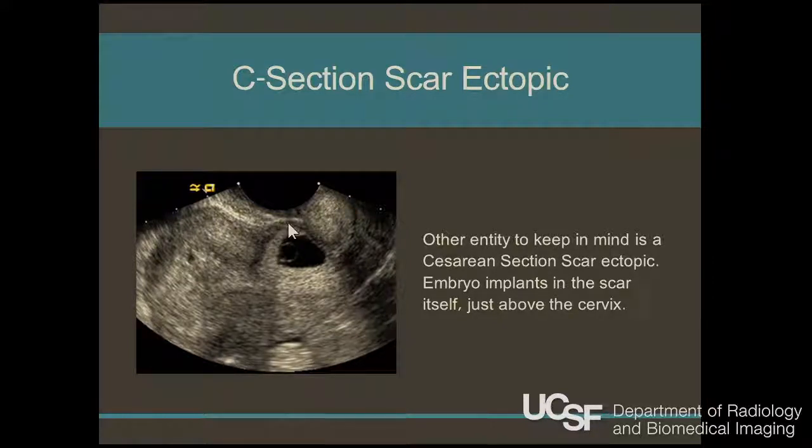And this is actually one case in which you will potentially see some myometrium surrounding the sac, because it's not that it's extrauterine, it's that it's implanted into the C-section scar. So you see the cervix here, and here's this pregnancy right here, right above the cervix, eccentrically located.